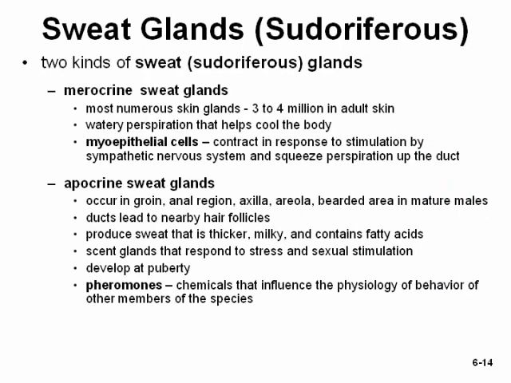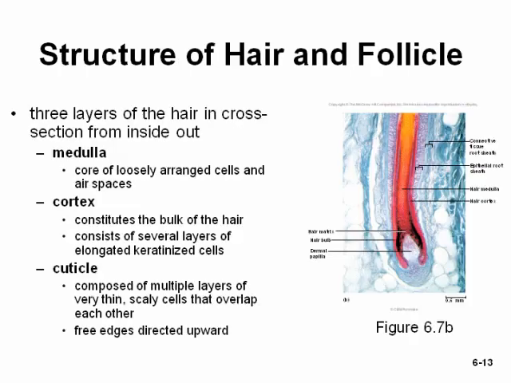A couple more slides that we need to consider here. I'm going to talk a little bit about sweat glands. Actually, before I do that, let me back up to the hair slide here. I do want to mention that on average, the average person has about 100,000 hairs on their head.